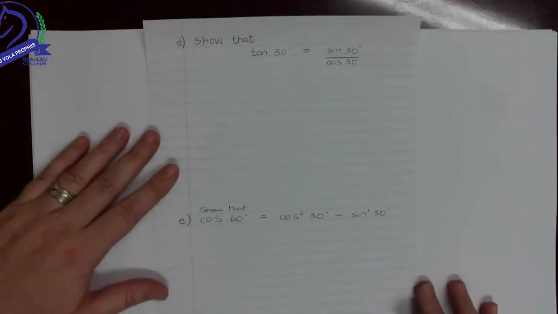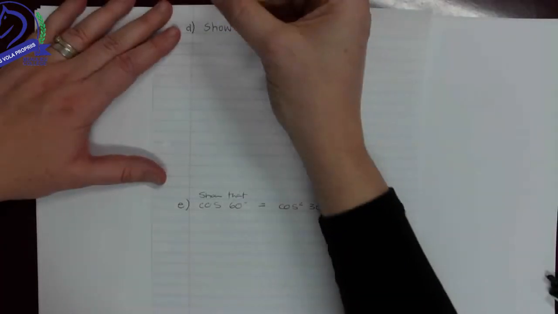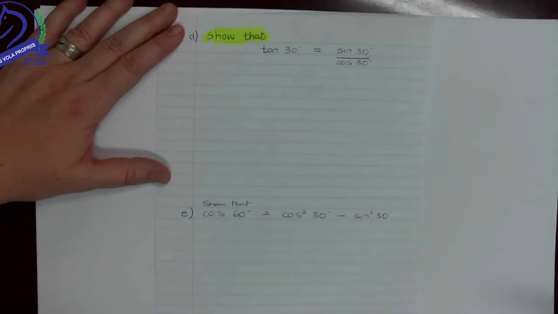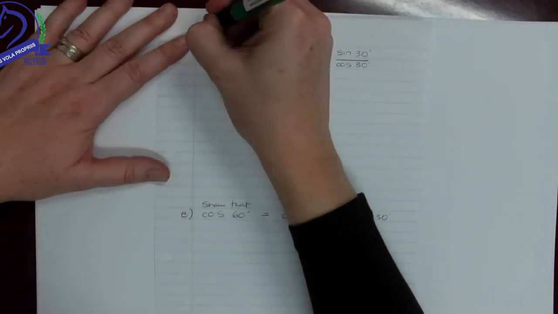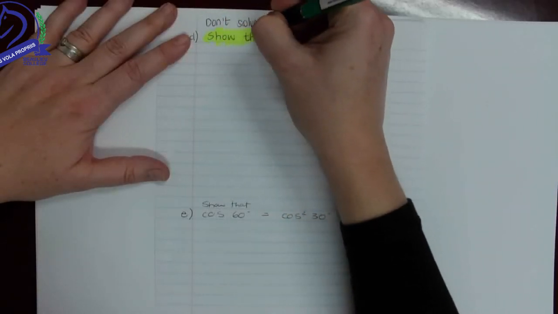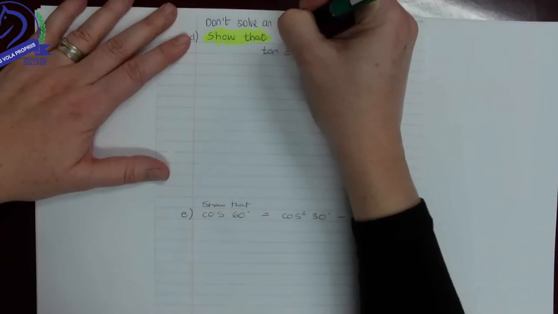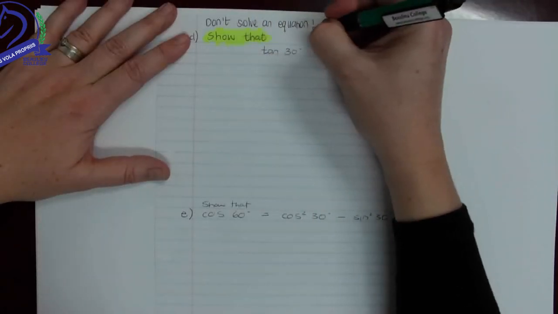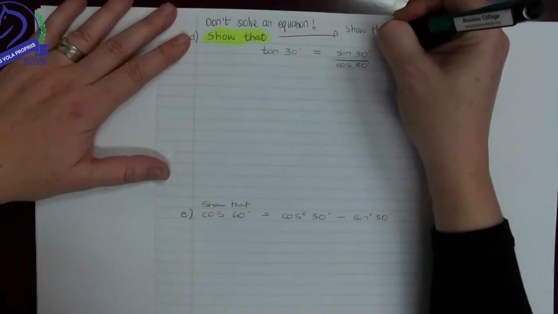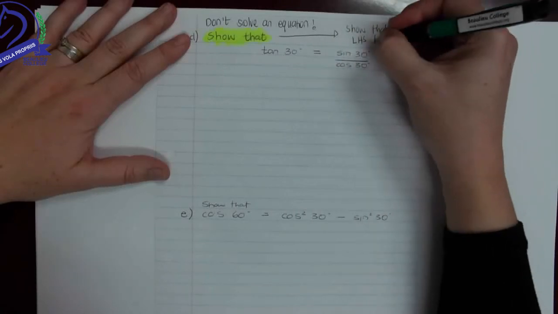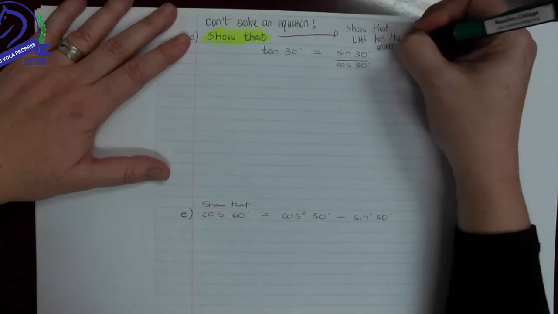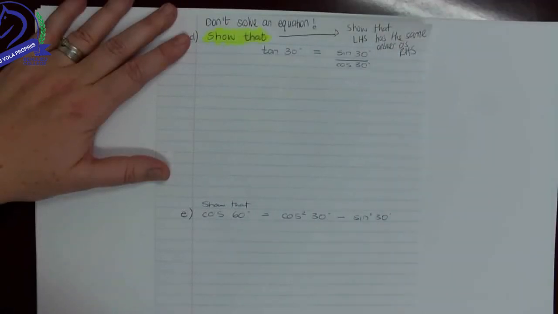Right, the next little section. And this I want you to highlight and make a very big wall. Show that is not saying don't solve an equation. Show that means show that the left hand side has the same answer as the right hand side.